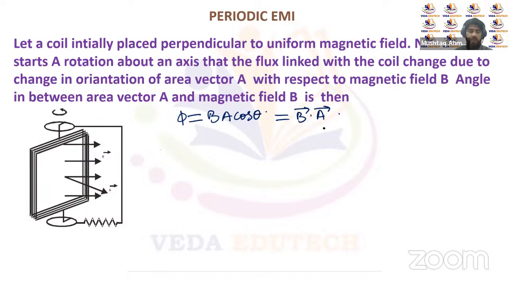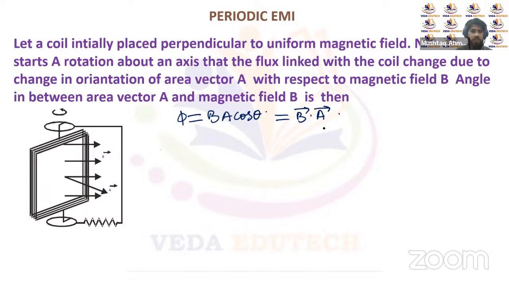So for this situation, we'll be studying the periodic EMF. A periodic EMF is induced by changing the orientation of the magnetic field with respect to the area vector, right? You can see here, we have a coil initially placed perpendicular to a uniform magnetic field.